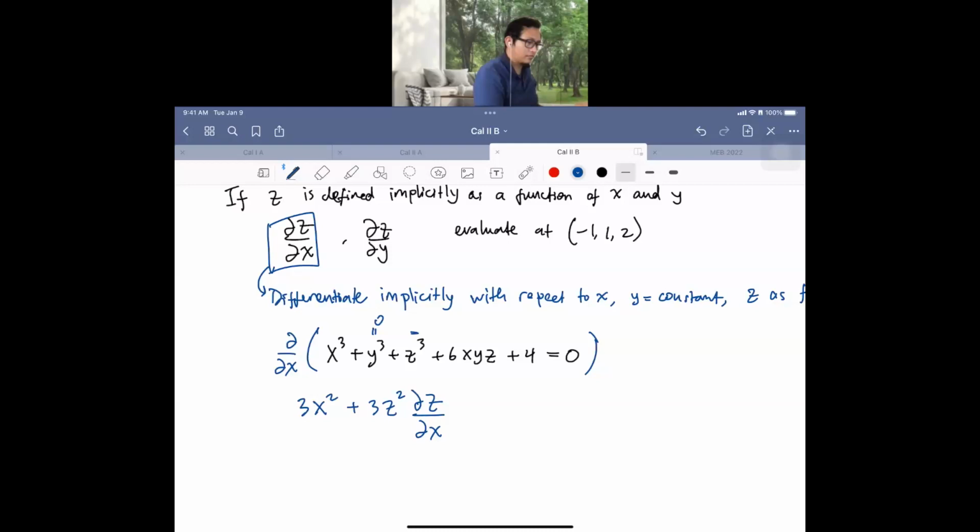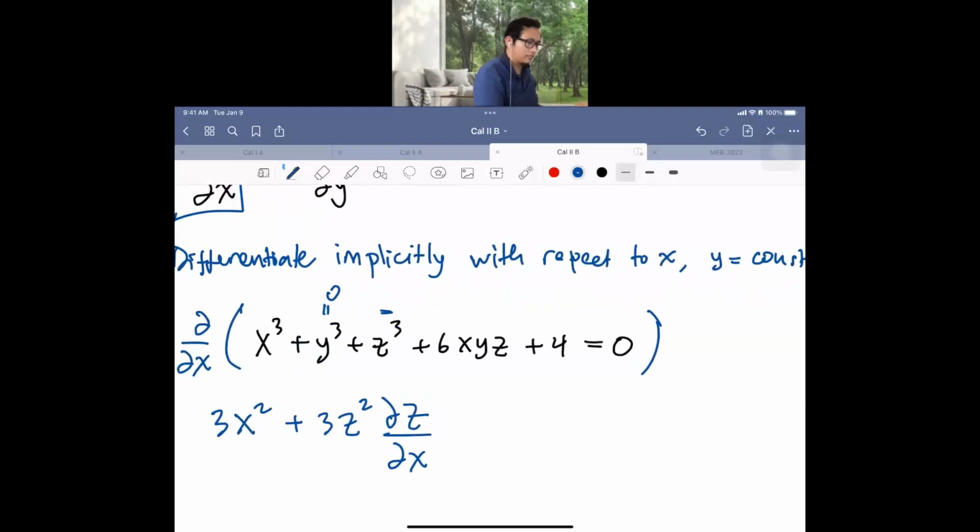And then what will happen with this 6xyz? Now we have two functions here, x and z, because z is a function of x in this term. So we are going to have a product rule.